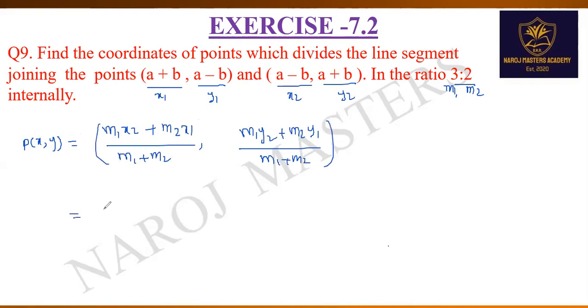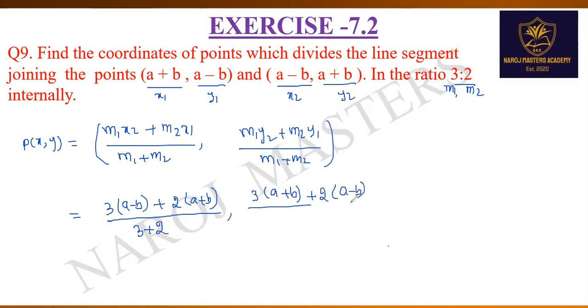m1 is 3. 3 into x2 is a minus b plus m2 is 2, x1 is a plus b by 3 plus 2 comma m1 is 3 into y2 is a plus b plus 2 into y1 is a minus b by 3 plus 2.